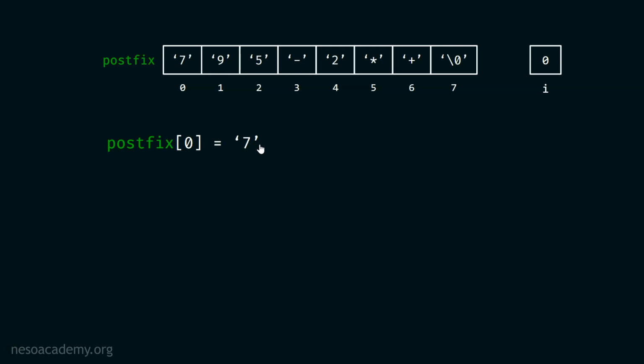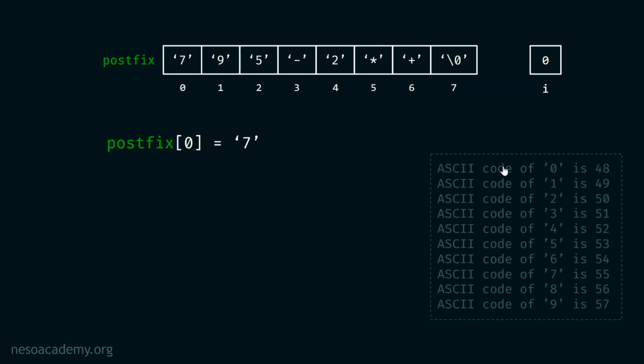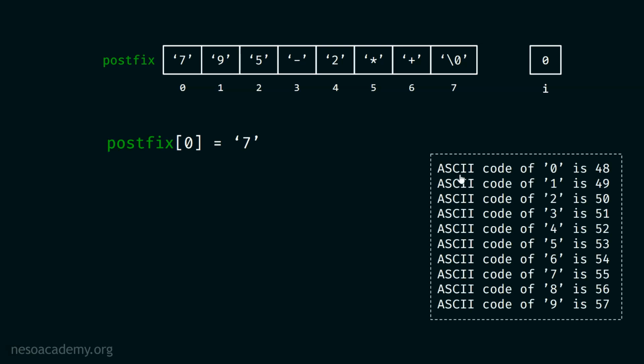But how to do this? We have to see the ASCII codes of all the characters for this purpose. We know that the ASCII code of character 0 is 48, the ASCII code of character 1 is 49, and it goes on in this way. There is a sequence maintained every time, just a one step increment: 48, 49, 50, 51, 52, 53, and so on. You can see the ASCII code of character 7 is 55 and the ASCII code of character 0 is 48. So actually we are comparing their ASCII codes, isn't that so?